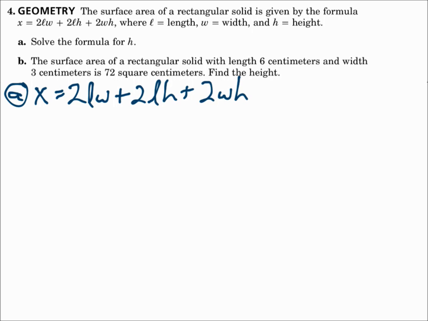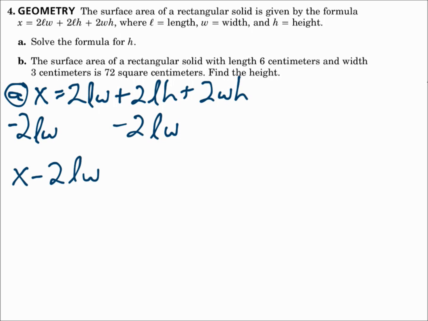Let's subtract the 2lw to move it to the left, since it doesn't have any H's in it. That gives you x minus 2lw on the left, and on the right, 2lw minus 2lw is 0, so it cancels, leaving 2lh plus 2wh.